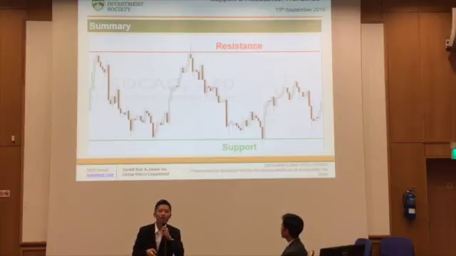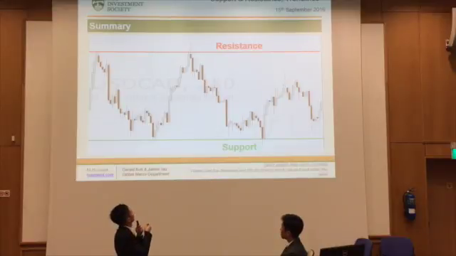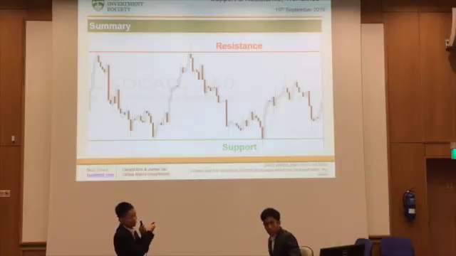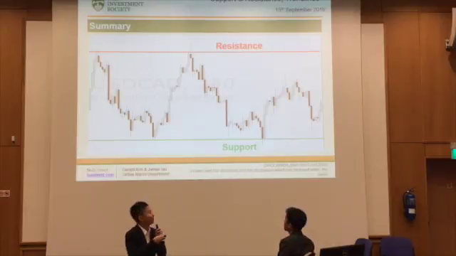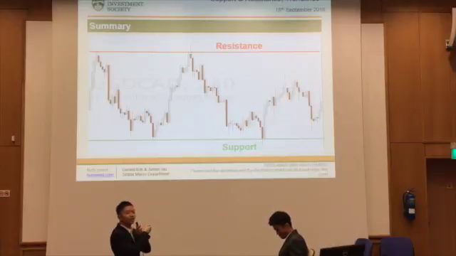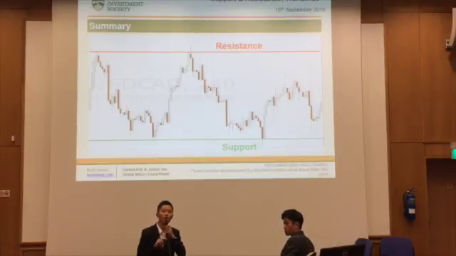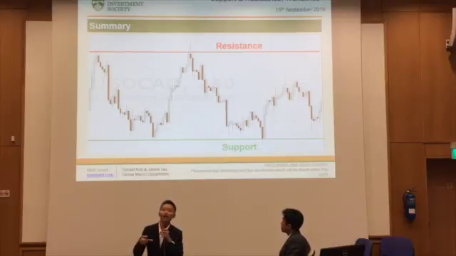And then I also told you that support and resistance can actually break. So it might not always rebound from the wall. It might actually break through resistance, and when the price level breaks through resistance, this resistance line will form a support line, and similarly a support line can turn into a resistance line.